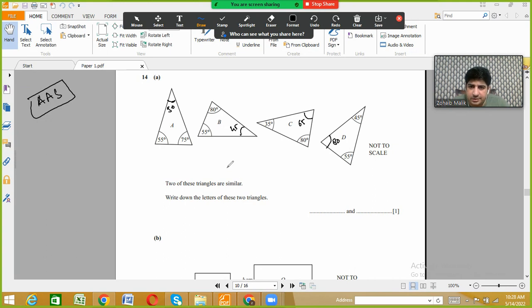So let's see which of the two triangles have the same angles. This is 80, 55, 45, and 80, 65, 35. These two. So it means the given angles are 45 and 55. It means triangles B and D are similar according to AAS. Although there is no need to write this property, I'm just telling you that due to this property they are similar.